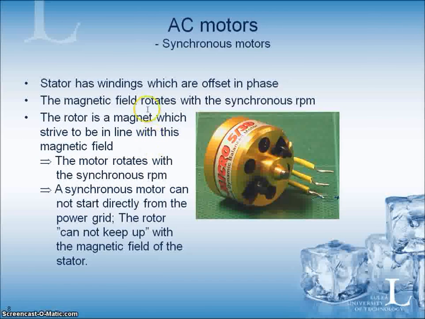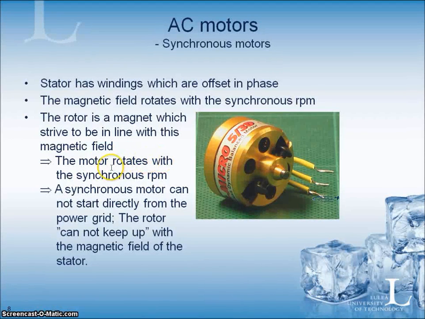The magnetic field rotates with the synchronous RPM, and this means that the motor is forced to follow the frequency of the current that powers the motor. The rotor here is a permanent magnet, which strives to be in line with the magnetic field of the stator.